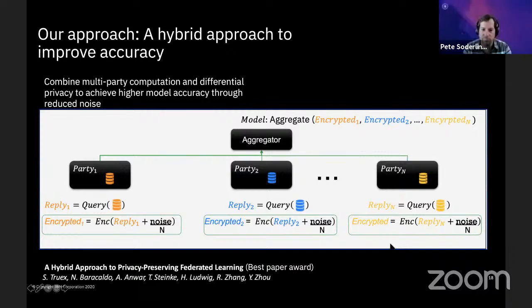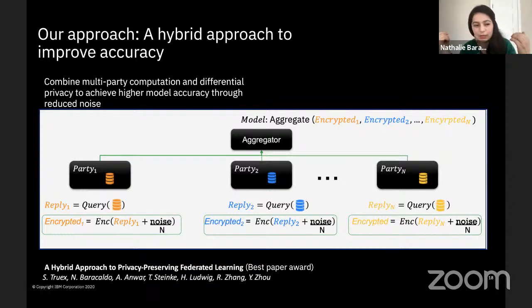Very briefly, multiparty computation techniques mean that if Pete sends me some ciphertext that's encrypted to the aggregator, and I also send the aggregator my ciphertext encrypted, the aggregator can take both those ciphertexts, combine them, and find a model update without ever decrypting the information.